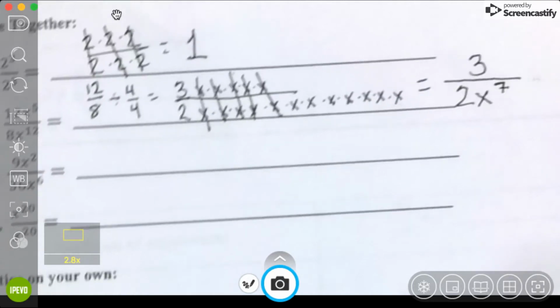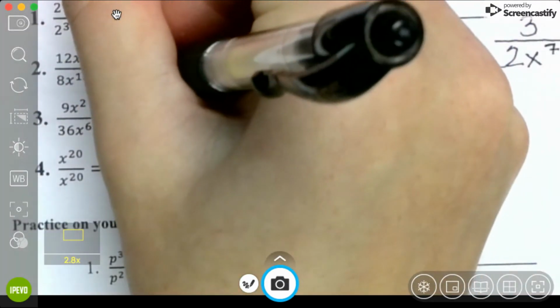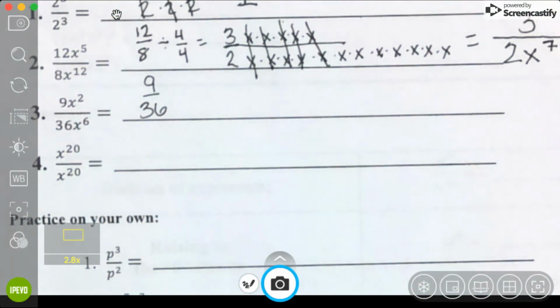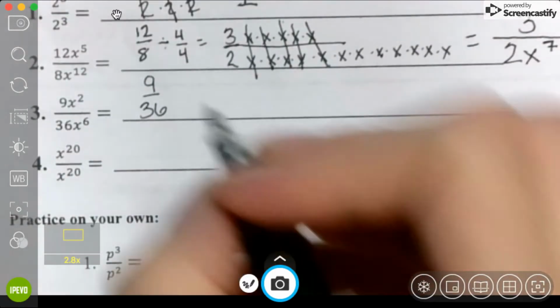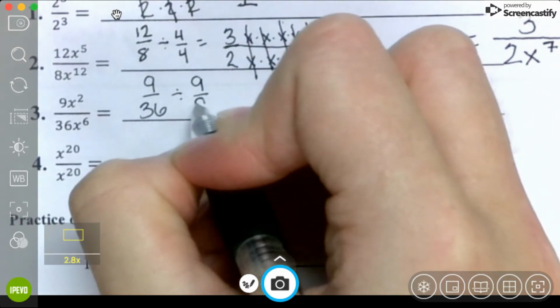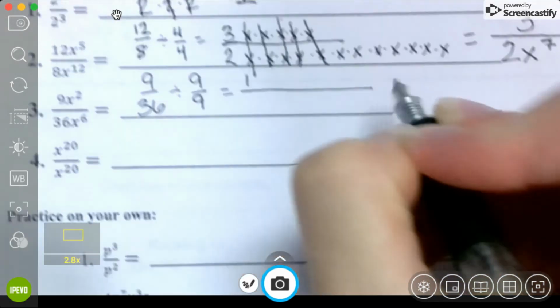Okay, we're going to do the same thing for the next one. I have 9 over 36. What can I divide both of those by? I can divide both of them by 9, actually. 9 divided by 9 gives me 1 on top.